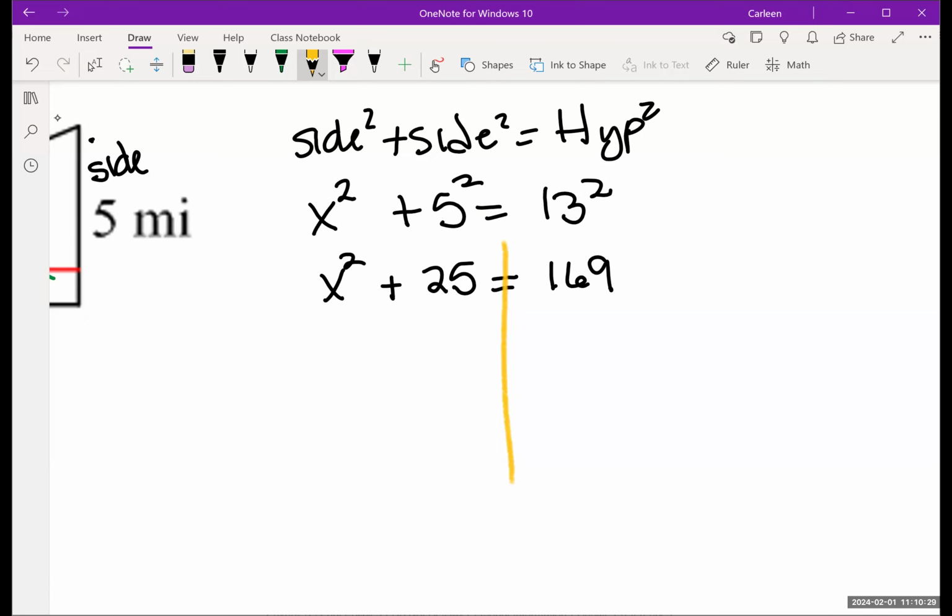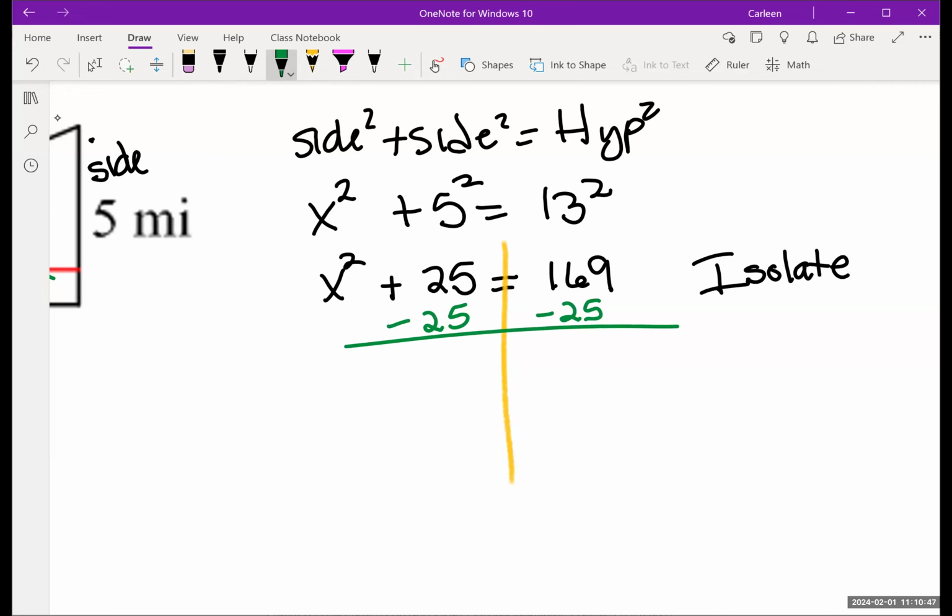Okay, so we're not combining, we are isolating the variable. By this time we are subtracting. Now, how come last time we combined like terms and this time we subtract?